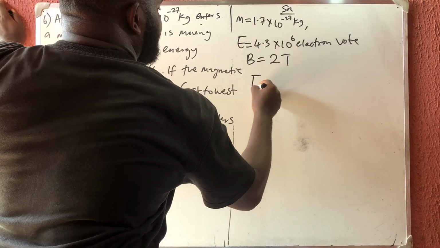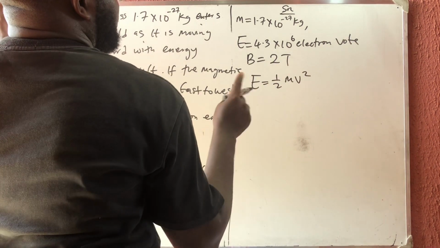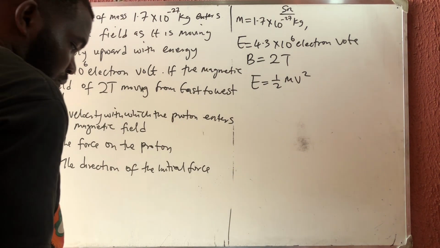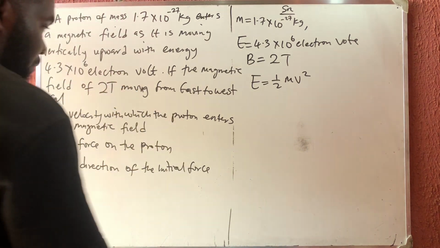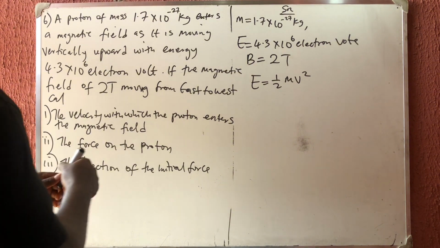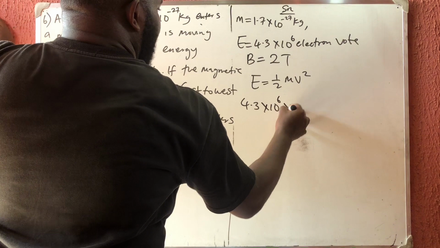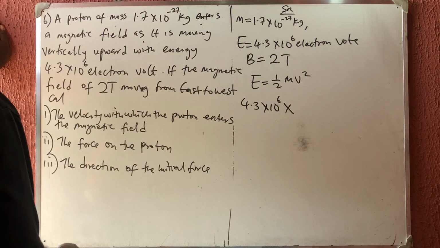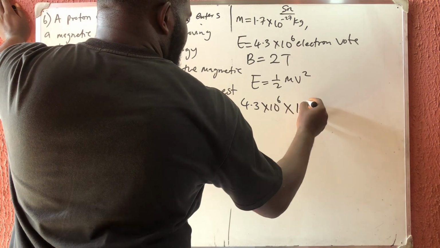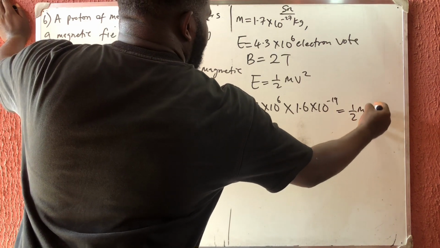Solution. I know that energy is equal to half mv squared. The energy they give us is 4.3 times 10 raised to the power 6 electron volts. So you're going to multiply the electron with the volt to get the energy. This 4.3 times 10 raised to the power 6 times the electron, that's the charge. The charge of an electron is 1.6 times 10 raised to the power minus 19, equal to half mv squared.